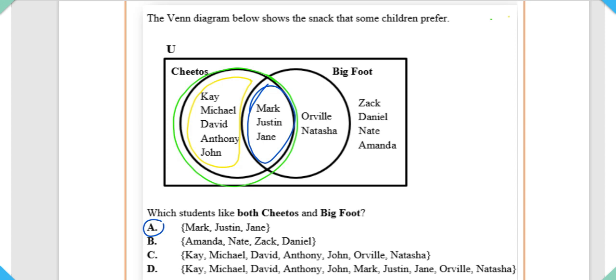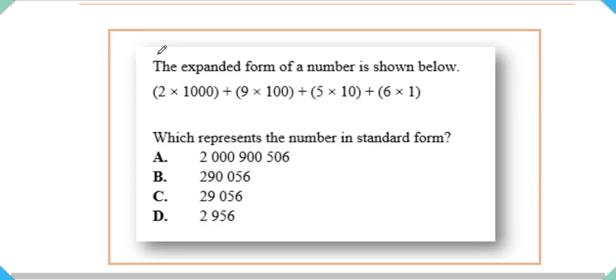Item 2. The expanded form of a number is shown below. Question: which represents the number in standard form? Which of these represents the standard way that we write numbers? So when numbers are written in expanded form, they show the real value of each digit in the number.